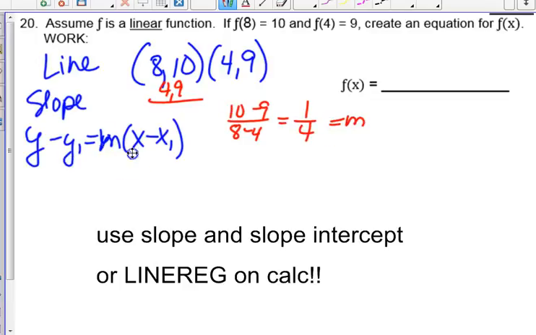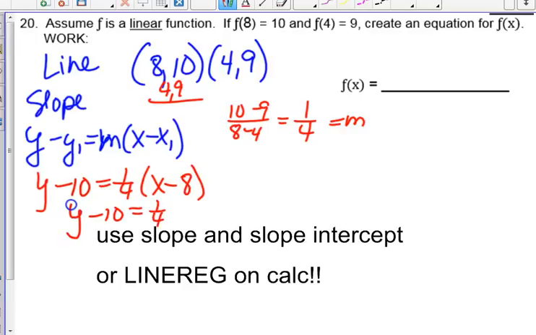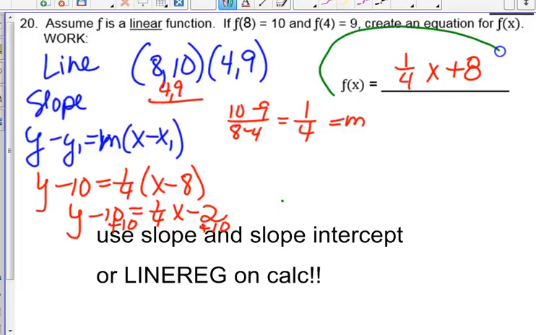If I plug that in here with maybe the 8, 10, and distribute, I have y minus 10 equals 1/4 times x minus 8, and 1/4 of 8 is 2. Add the 10 to both sides, and I get 1/4 x plus 8.